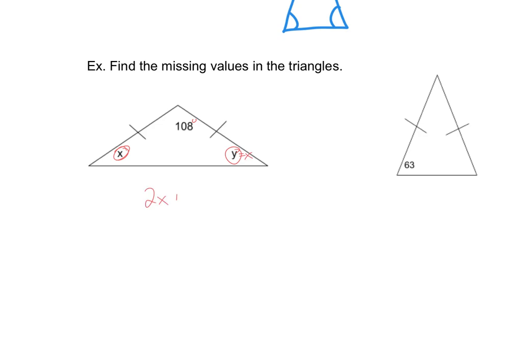So 2x plus 108 has to add up to 180 degrees because the three angles in the triangle add up to 180 degrees. So we're going to subtract 108. So that gives me 72. So x equals 36. So this angle is 36 degrees, and this angle is 36 degrees.